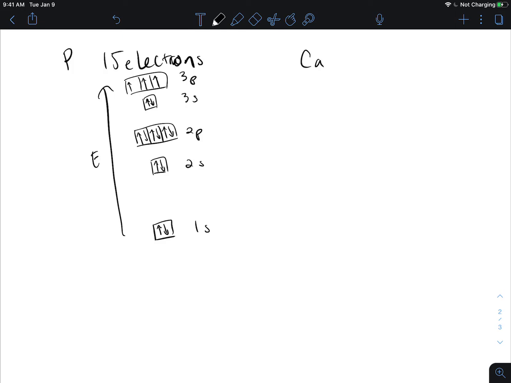We can look at calcium as well. So calcium is going to have 20 electrons. So we're going to do the same thing.